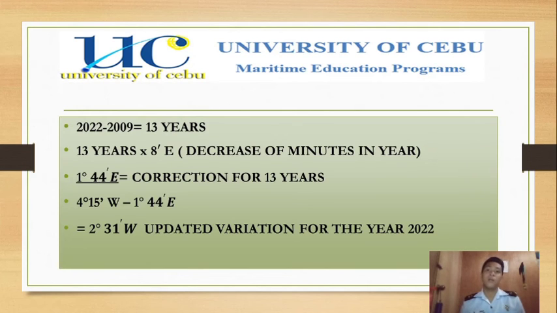Since in the compass rose the variation is 4 degrees 15 minutes west, and we have a correction of 1 degree and 44 minutes east, and since it has an opposite direction, we must subtract. So now we have an updated variation of 2 degrees and 31 minutes west, since the variation given in the compass rose has a greater value compared to the latest correction.